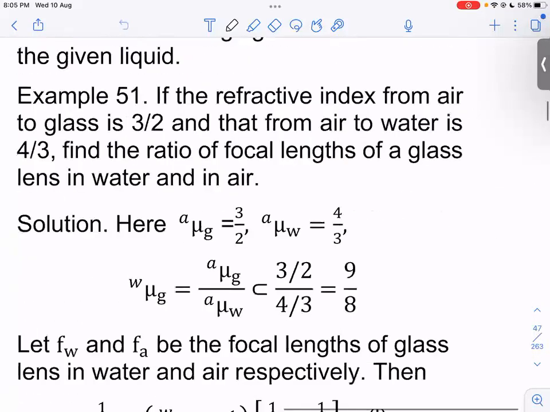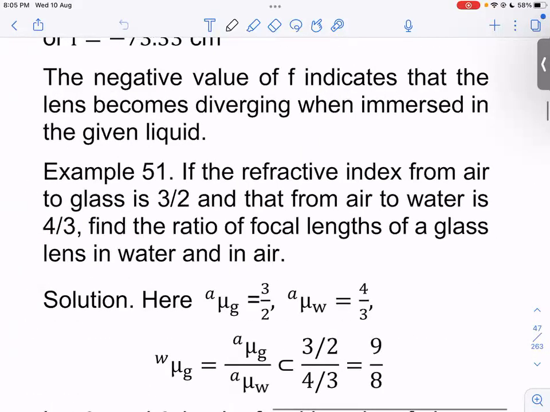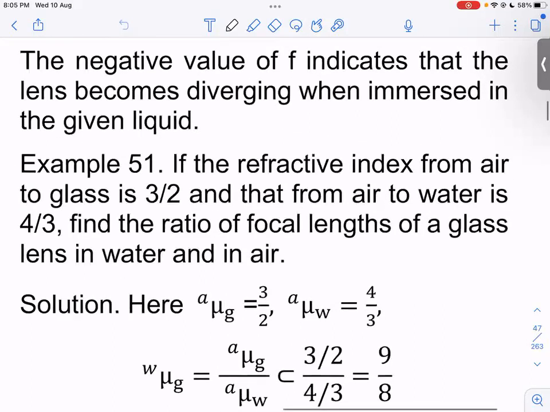Okay. We'll do one last problem. If the refractive index from air to glass is 3/2 and that from air to water is 4/3, find the ratio of the focal length of glass lens in water and in air.